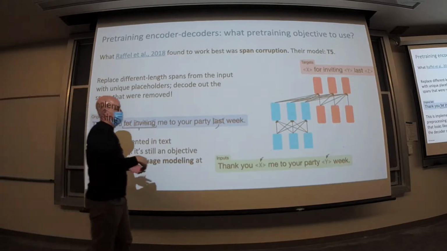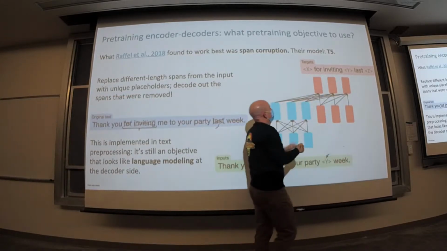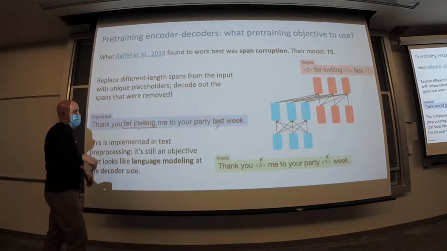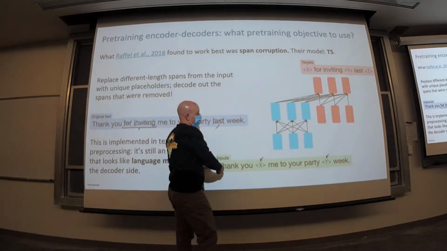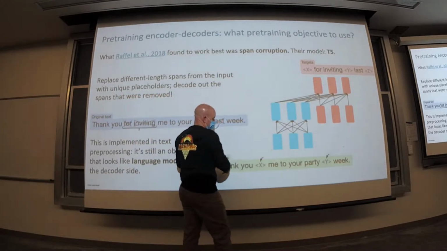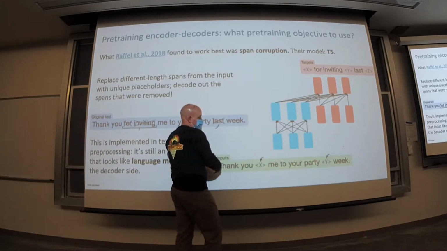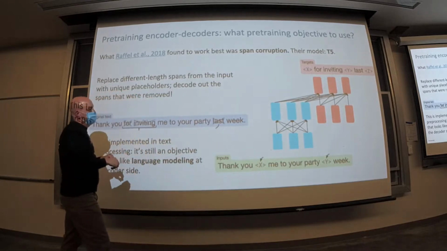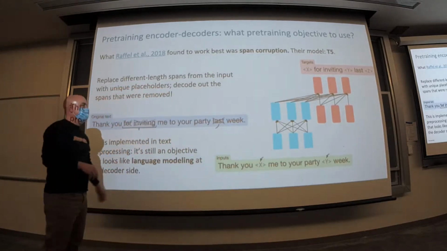And the task is to predict correctly the fill in the blanks again. So it has that same feeling of BERT where you're trying to fill in the blanks, but you're doing this in a sequential way where there's information missing from the input. And you try to deal with that in producing the output over here.